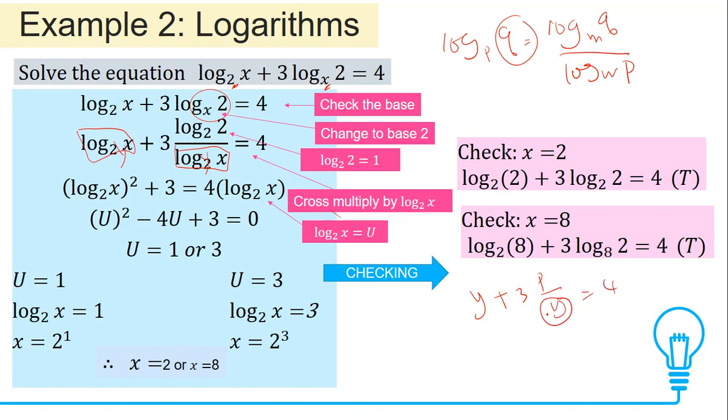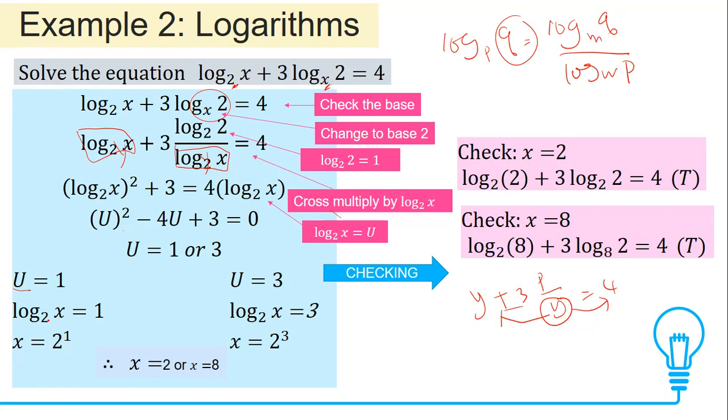So how to solve it? Just cross multiply. I have y squared plus 3 equals 4 times log 2x. Just let log 2x equal u. So I have u squared minus 4u plus 3 equals 0, so my u equals 1 or 3. And remember to substitute back.